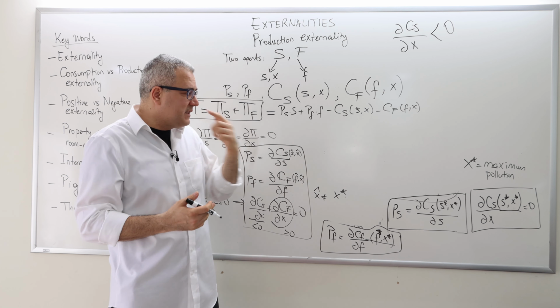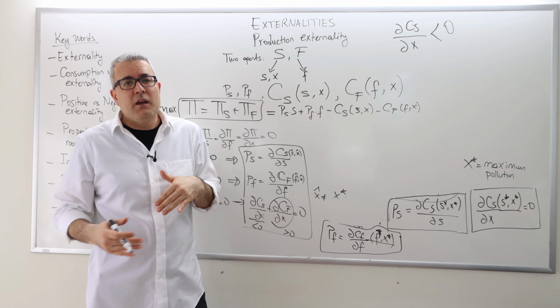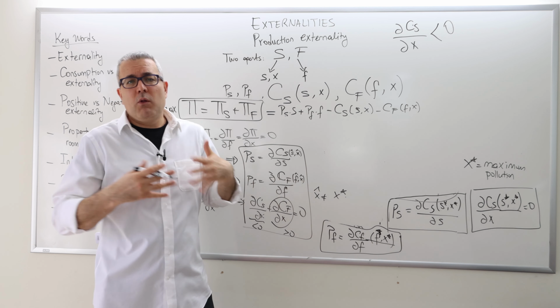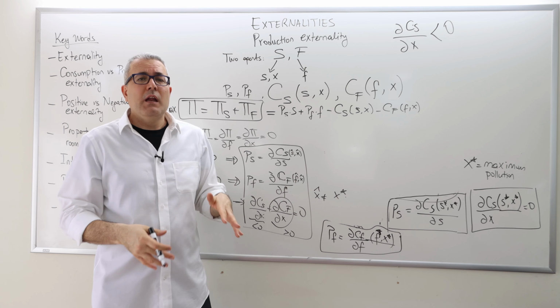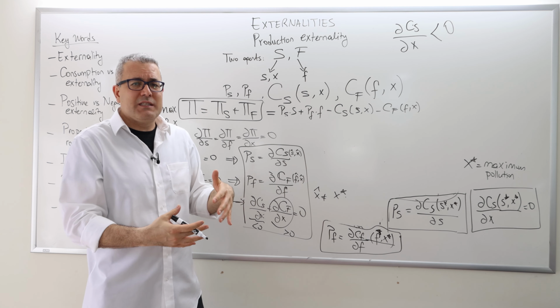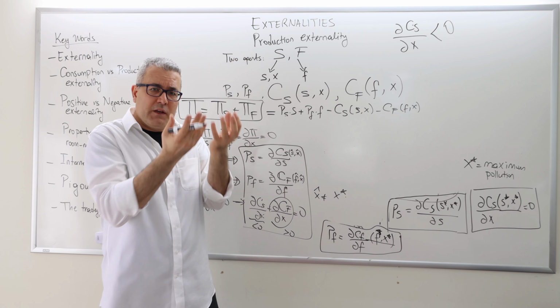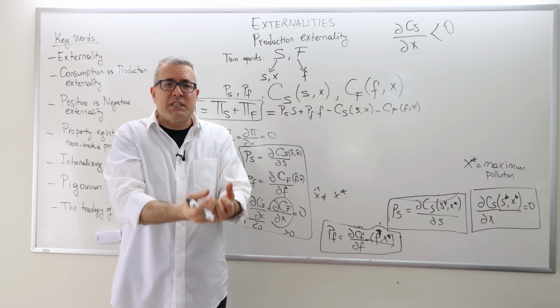Why? Because the steel company doesn't care about the profitability of the fishery. It just dumps all the pollution, because it's cheaper. But the more and more pollution is dumped, the fisher's profit is going to sink. So the total profit will sink.